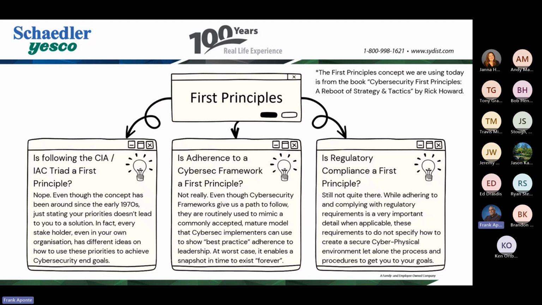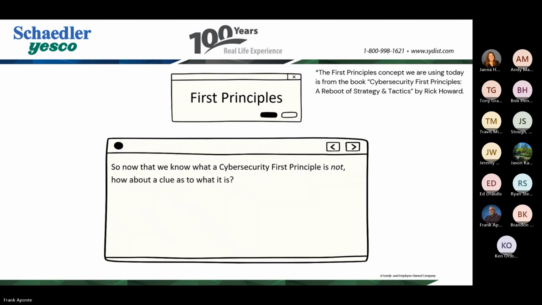Again, that doesn't really address the first principle. It doesn't identify your prime mover. It doesn't identify what you're trying to do. It says you have to do these things, but how you do them and what they mean to your organization may be different from a very similar yet different organization.